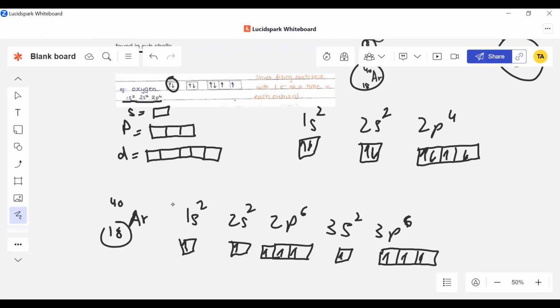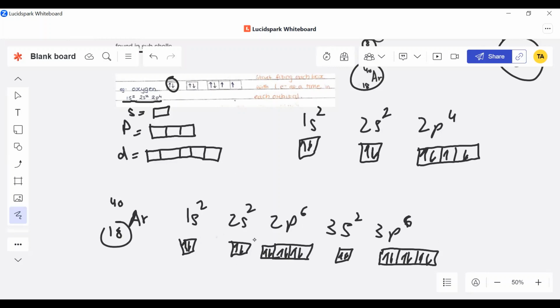So I have 9 electrons. This is the 10th electron, 11, 12, 13, 14, 15, 16, 17, and 18. So this is how I fill my orbitals: I fill the unfilled orbitals first, and then I move on to completing the orbitals.